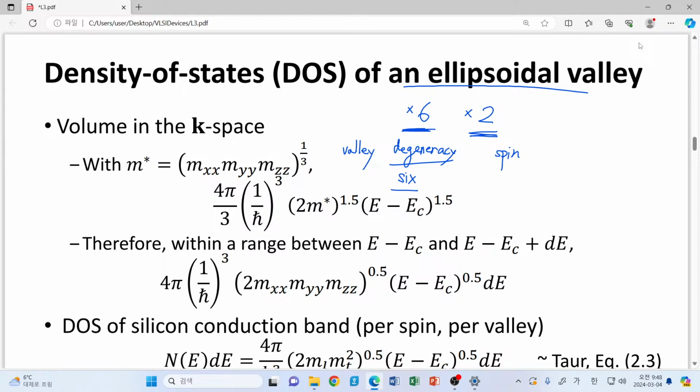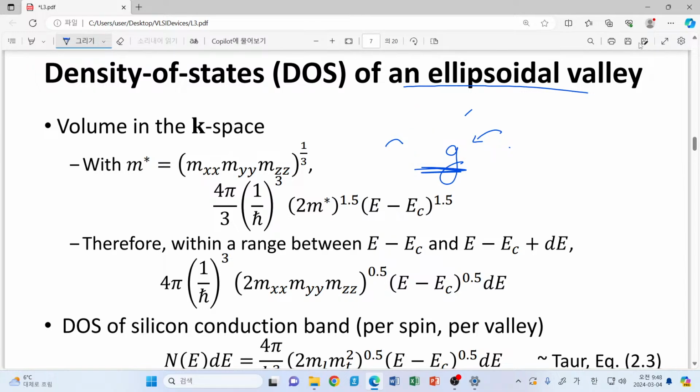Please note that I will not consider this spin degeneracy and valley degeneracy in this derivation. However, finally you have to multiply these 2 factors. Number 2 is corresponding to the spin degeneracy, and symbol G is corresponding to the valley degeneracy.